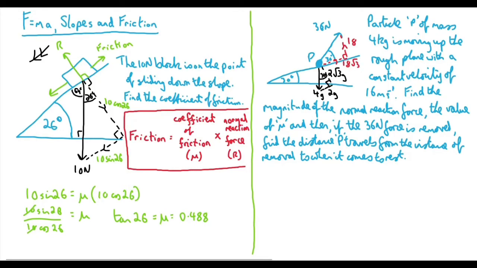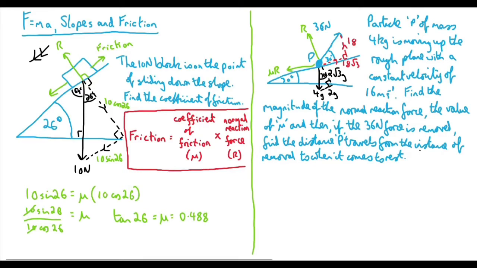Because the particle is moving up the slope, that means friction is acting downwards, so that's going to be our mu R, and because that R is going to be related to just the reaction force here, we should label that on as well. Now that we have all of these forces, we can start constructing equations.